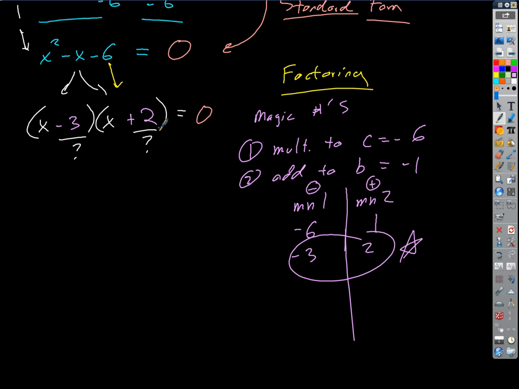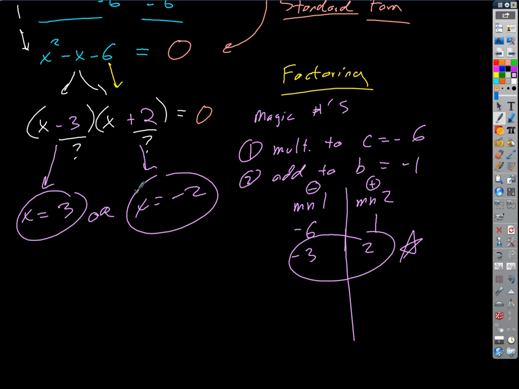Now we've written this in factored form, and now it's a piece of cake. What are the solutions? X minus 3 times x plus 2 equals 0 whenever x equals 3, or x equals -2, right?